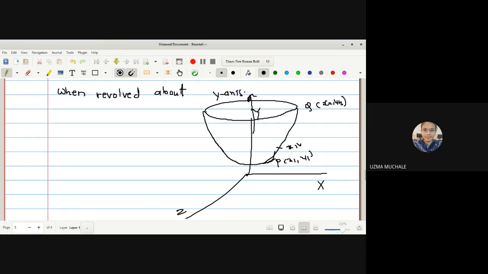Suppose this is the initial coordinates x and y, and these are x plus dx, y plus dy, the two neighboring points. First we will find out the result for this area, and then we'll generalize the concept by integration from P to Q. This is the area.